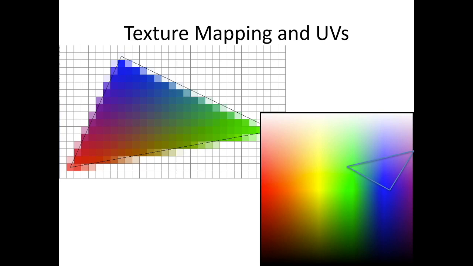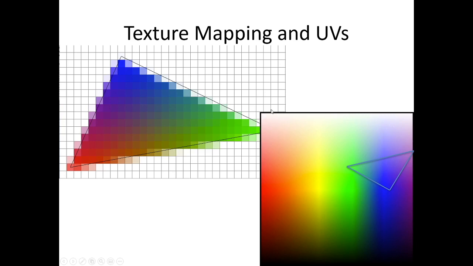What that gives us is a UV value for each of the vertices in our triangle. If we look at these three triangles, I missed the vertex over here, but you can imagine where it sits. For each vertex in the triangle, we have a corresponding vertex in UV space. You can think of UV space as just another set of variables.